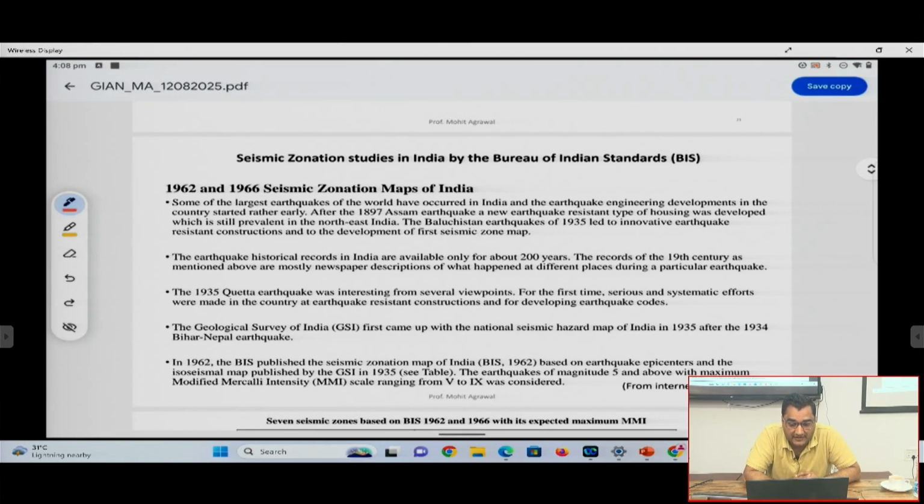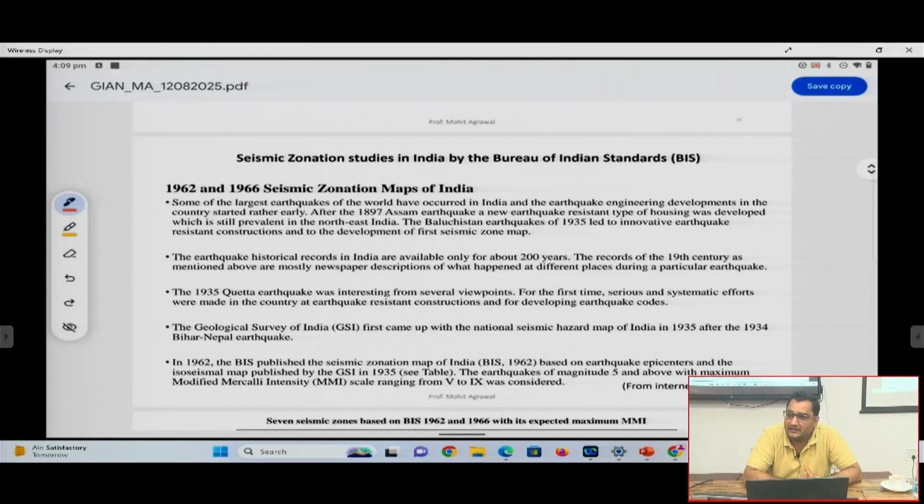Thereafter, the historical record of Indian earthquakes for 200 years, starting from the 19th century, was incorporated in that zoning map, mostly from newspaper descriptions of what happened at different places during a particular earthquake. Mostly due to the newspaper descriptions and verbal annotations, they tried to incorporate the information of historical earthquakes, and then they came up with the seismic zonation map of India.